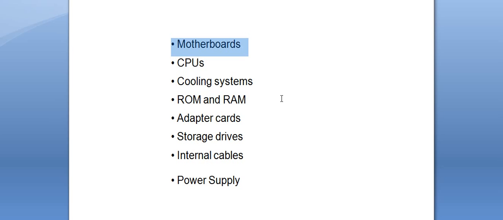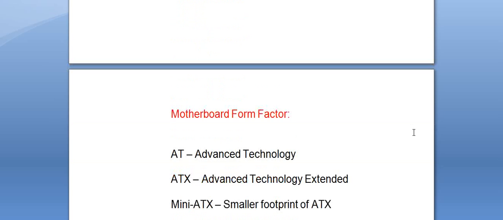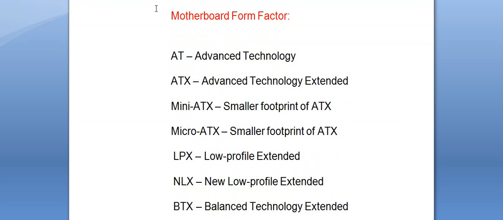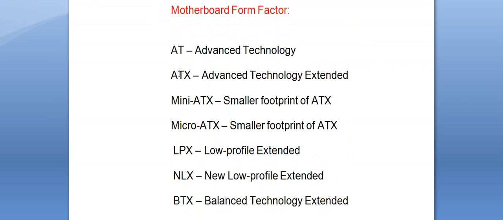So I'm just going to show you some of the most common motherboard form factors. If I scroll down, these are some of the most common ones. So AT, which stands for advanced technology. This would be an older one.